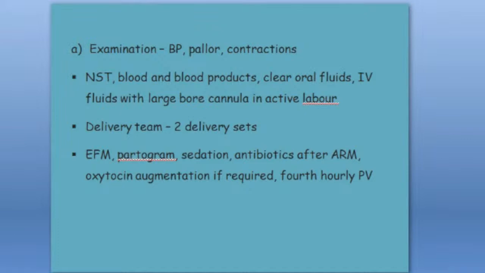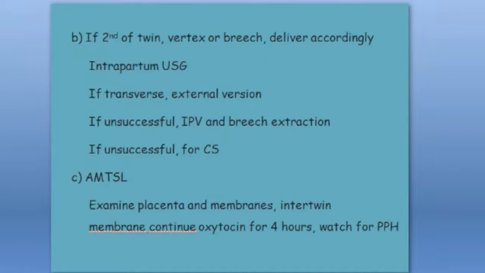It is not mandatory and need not be given as a routine for all. And a vaginal examination is done only fourth hourly, generally speaking, isn't it? So these are some of the things that have to be available in a delivery suite, especially in a high risk patient like a multiple pregnancy.